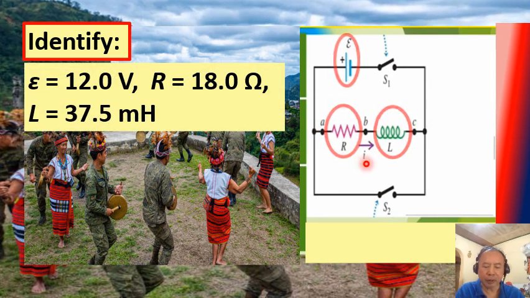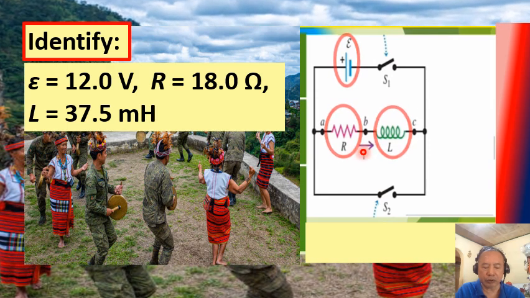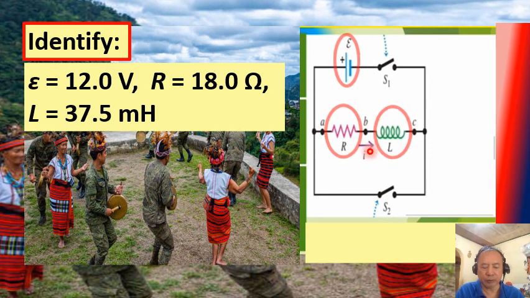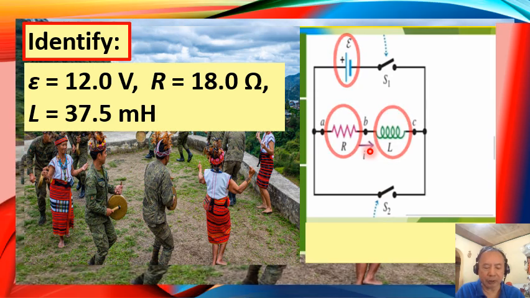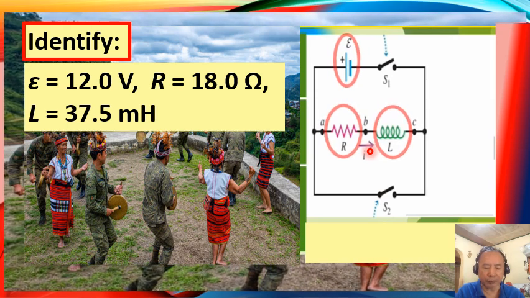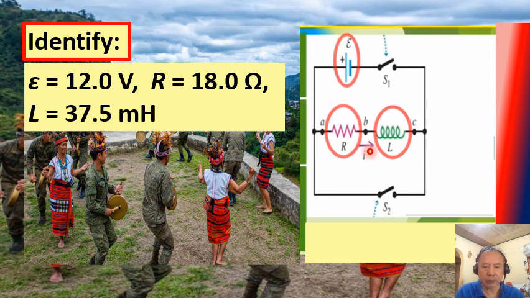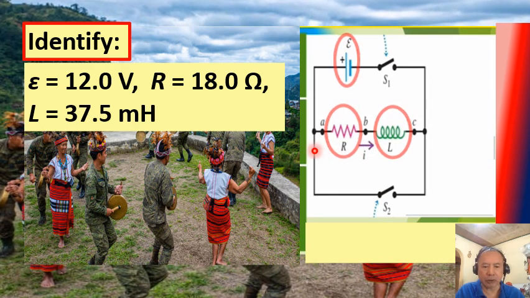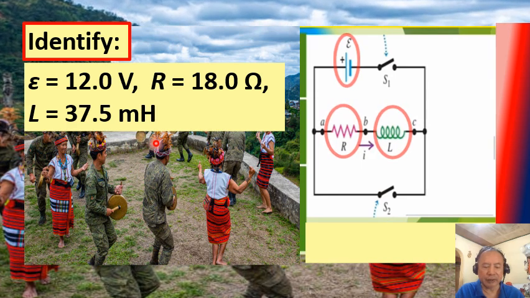Right? The given EMF of the battery, epsilon equals 12.0 volts. The external resistor, big R, is 18.0 ohms, and the given inductance of the coil, capital L, equals 37.5 millihenry.